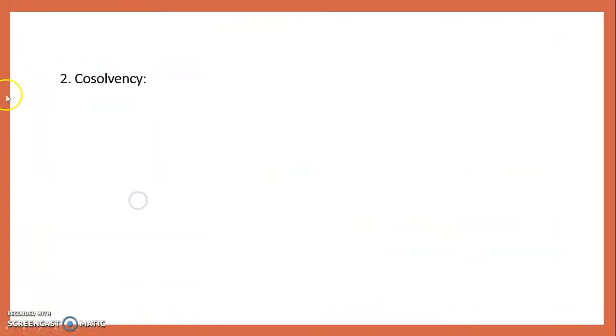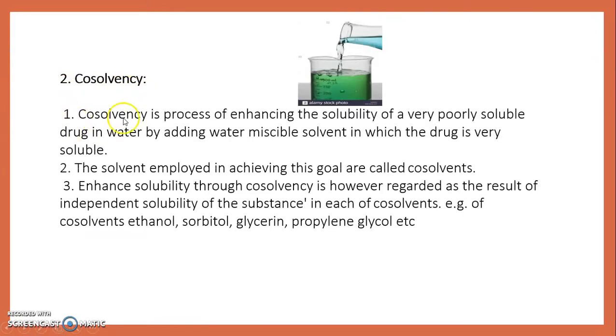The next method is cosolvency. Cosolvency is the process of enhancing the solubility of a very poorly soluble drug in water by adding a water miscible solvent in which the drug is very soluble. The solvents employed in achieving this goal are called co-solvents.